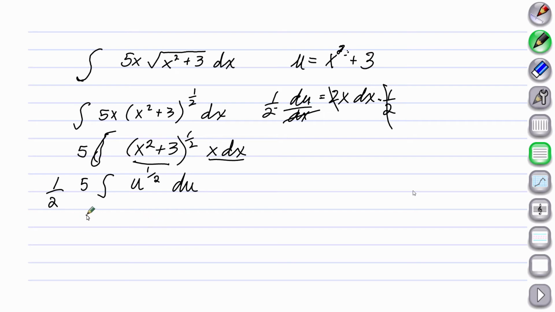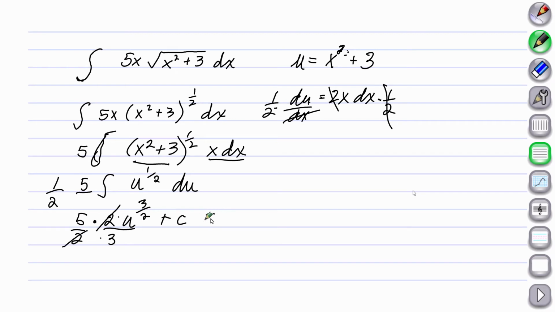So basically, I have 5/2 times, because 5 was on the top, u to the 1/2. Well, let's see, we add 1, so u to the plus 1 would give me 2 2s, would be 3/2. And then I multiply that by its reciprocal, 2/3, plus c. This 2 will cancel out this 2.